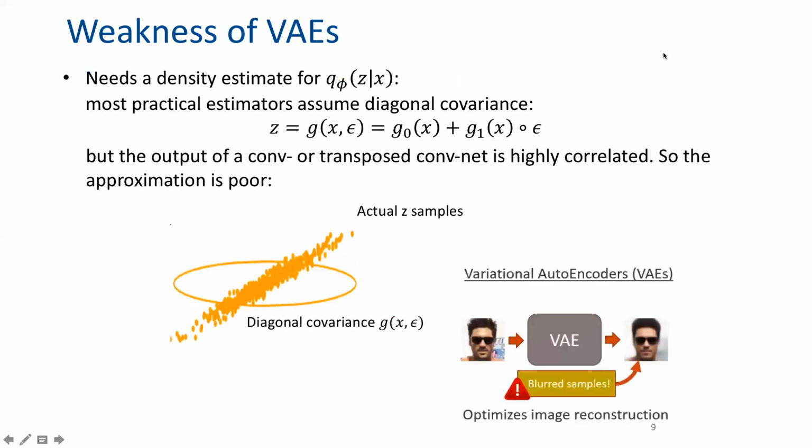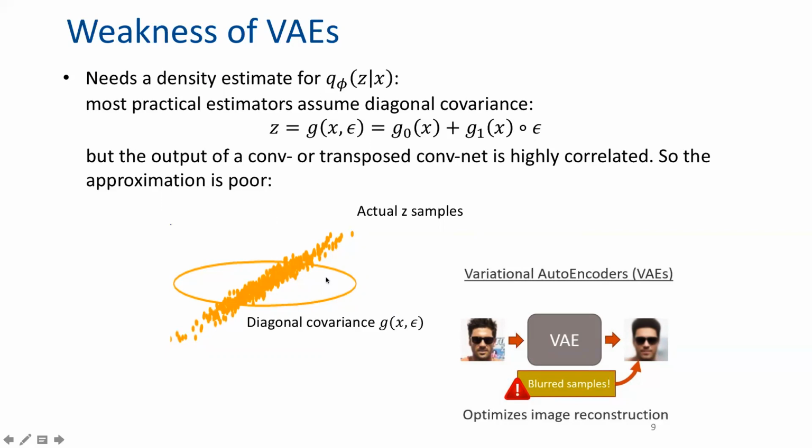Okay. So weaknesses of VAEs is that they need this density estimate for Q. And so if you think about it, graphically on the left here, it's a simulation of what that might look like. If you have an actual distribution of Z samples that looks something like this, kind of this diagonal distribution, the best you can do with a typical variational approximation is generate an ellipsoid of distribution, Gaussian ellipsoid, that's axis aligned here.